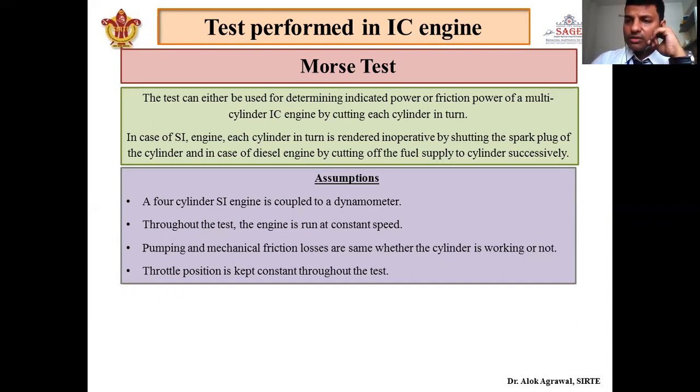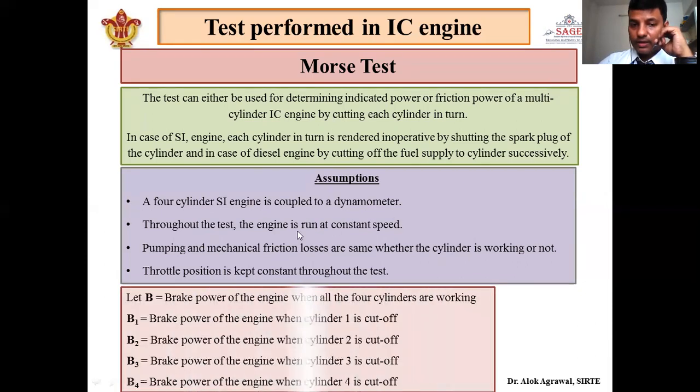Actually, most of the time it is near about the same, but sometimes in practice there is a difference between the working and non-working engine. But here we have to assume that the pumping and mechanical losses are the same for all cases. Again, the throttle position has to be kept constant throughout the test, which means we are not allowed to change the throttle position of the engine.